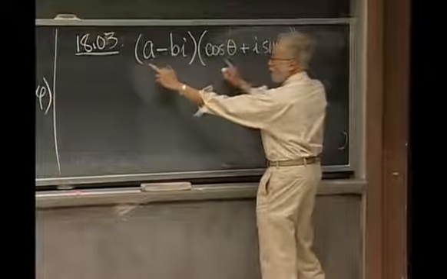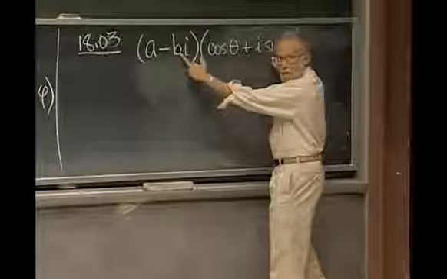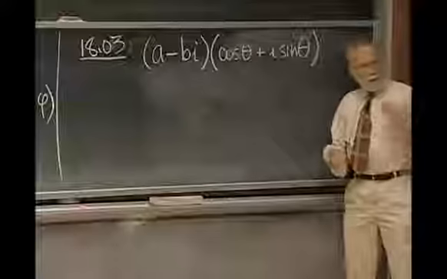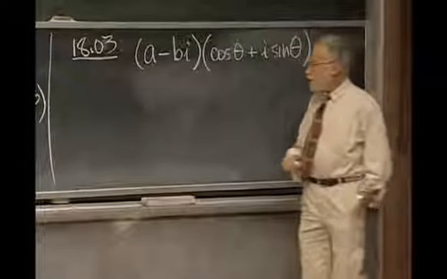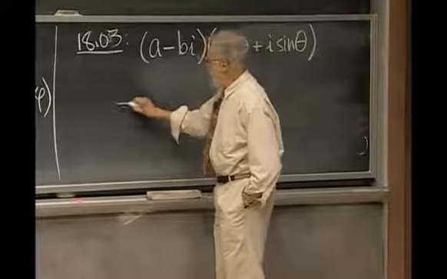If I take the real part of this, I'm going to get a cosine theta plus b sine theta, because negative i and i make 1 when multiplied together. All right, that's the left-hand side.